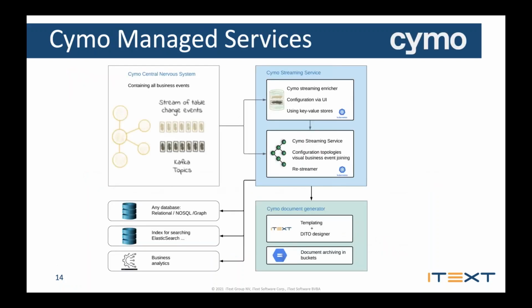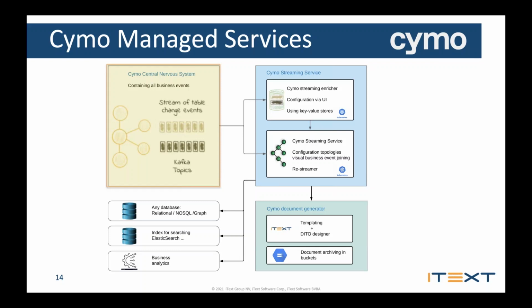If we look at the managed service platform of Cymo at a high level, we have a couple of important components. To start, we have the central nervous system. We need something to store the events, of course. We need to store the stream, and we use Kafka for that.